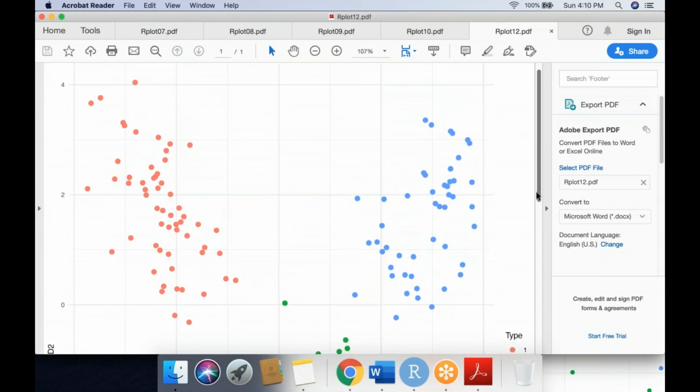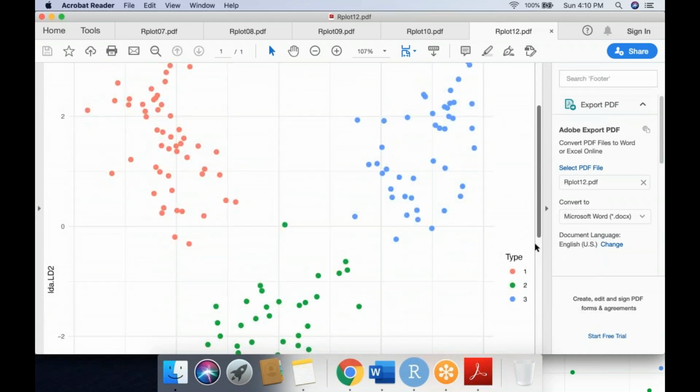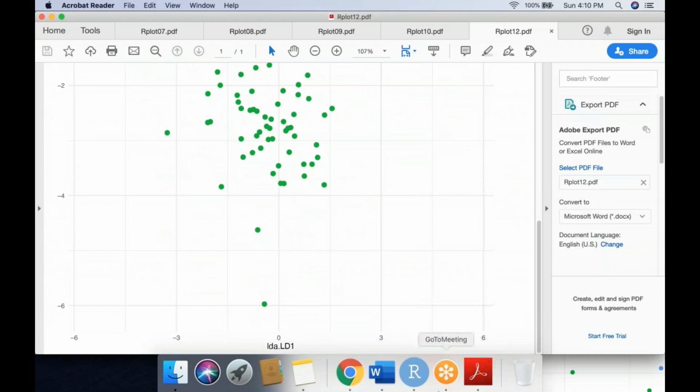You can see the clear separation of three types: type 1, type 2, and type 3. Is that coming?